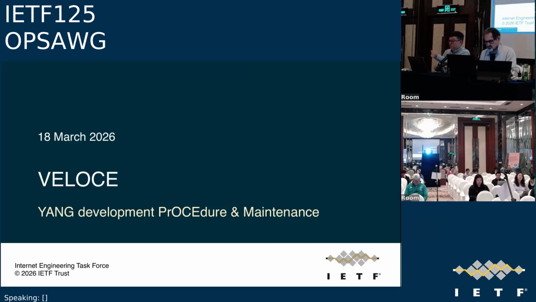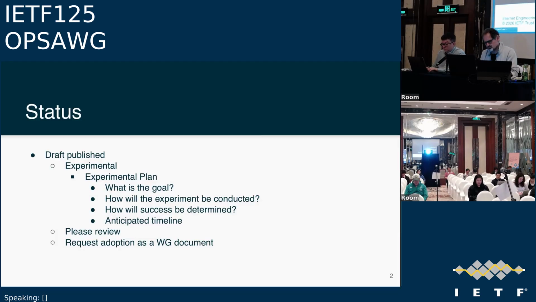Okay, this is going to be a continuation of the discussion from the previous couple of meetings. Let's just get some of the admin stuff out of the way. There is a draft which is published. It's experimental in nature. It has the stated reasons for why it's experimental and what the plan is.